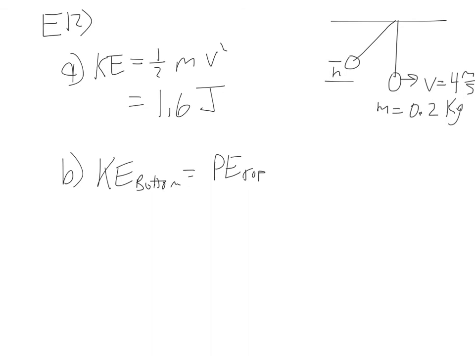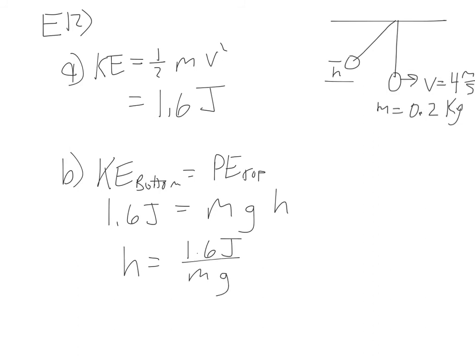And we know the kinetic energy at the bottom is 1.6 joules, and that's going to equal the potential energy at the top, which is the mass of the pendulum times the acceleration due to gravity times the height. What we're trying to solve for here is height, so we'll divide mg to the other side, and height equals 1.6 joules divided by the mass of the pendulum times the acceleration due to gravity.